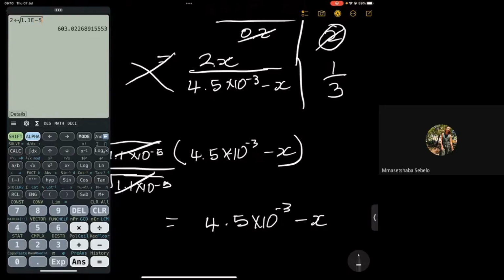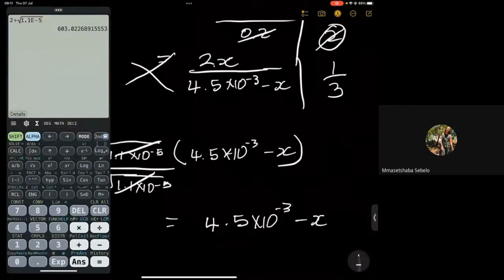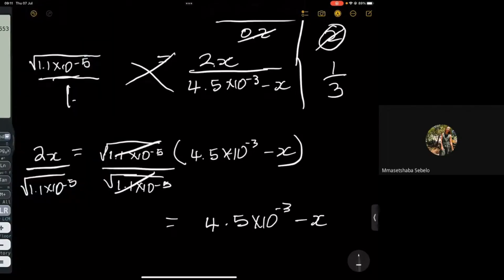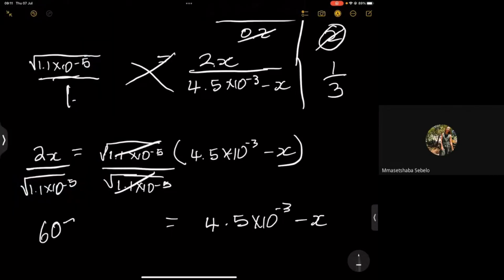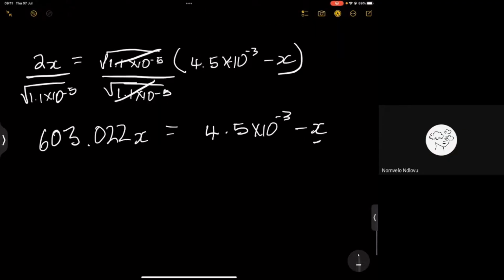I get 603.022x. Everyone okay so far? Yes, sir. All right, so I'm going to take this x to the other side.